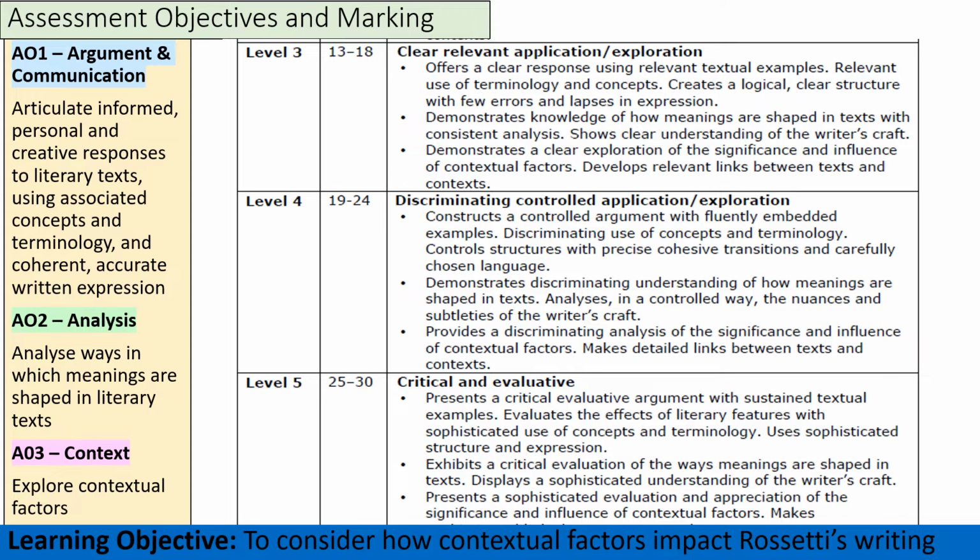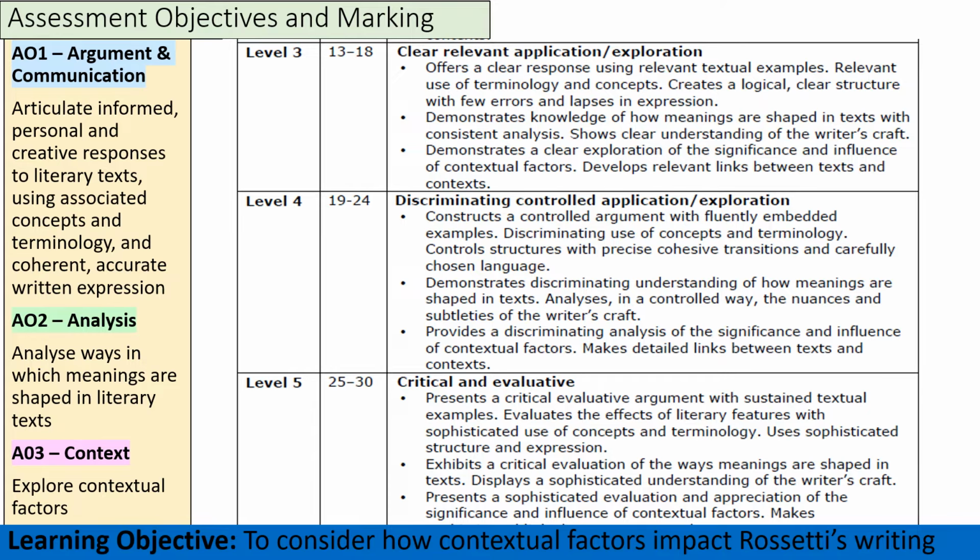So if you look towards band 5, the critical and evaluative one, you're looking at the standard things you would expect from a superb essay: sustained textual examples, a clear evaluative argument, sophisticated use of concepts and terminology, sophisticated structure and expression, a critical evaluation of the way meanings are shaped, and a sophisticated evaluation and appreciation of the significance and influence of contextual factors.